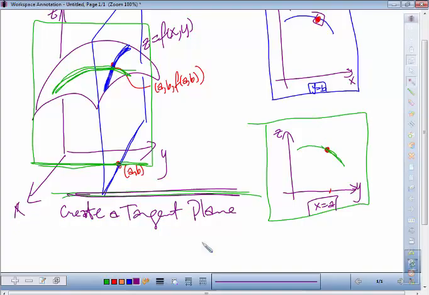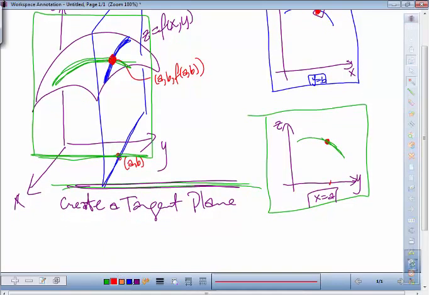The way we're going to do this is going to be a little bit, I don't want to say strange, but what do we need for an equation of a tangent plane? A point and a normal vector. So we need a point and a normal. So we have a point.